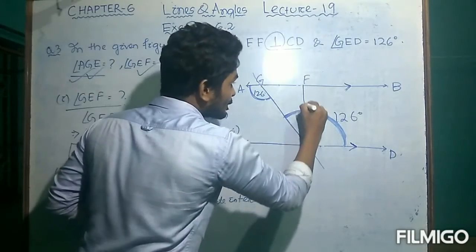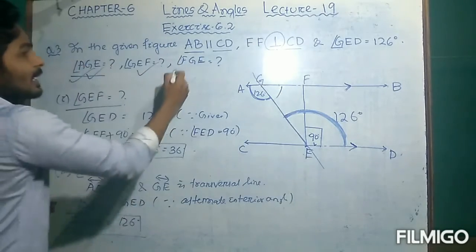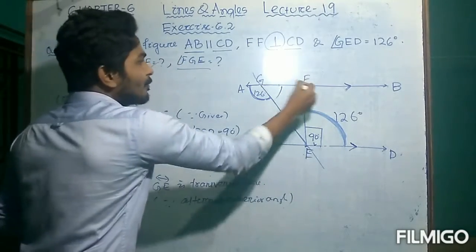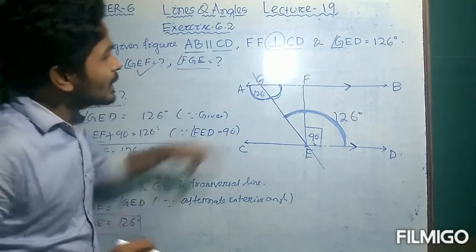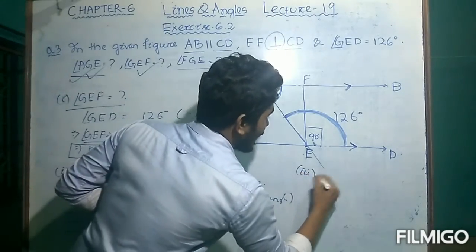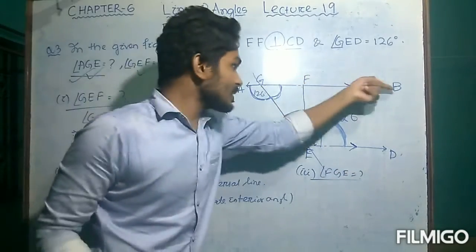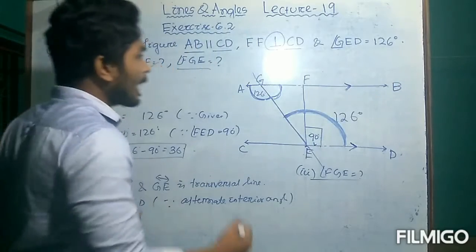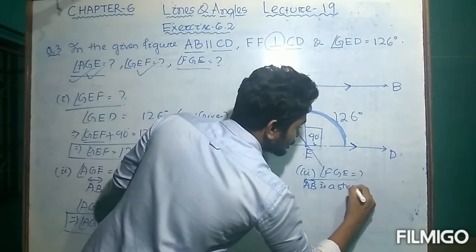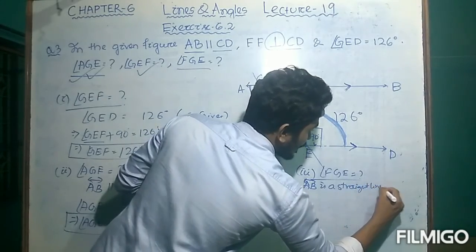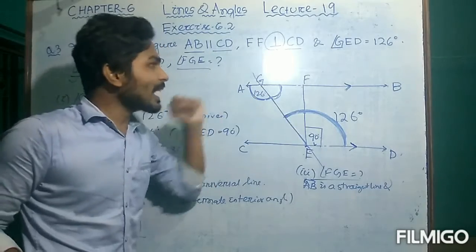Now we will find the remaining angle. What is the remaining angle? FGE. Which angle? This angle. For this angle, we have to consider this line. AB is a straight line, and GE is a ray which stands on this line.